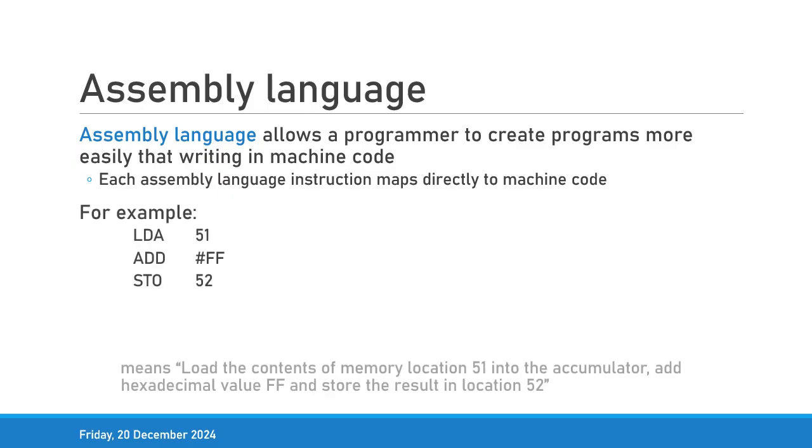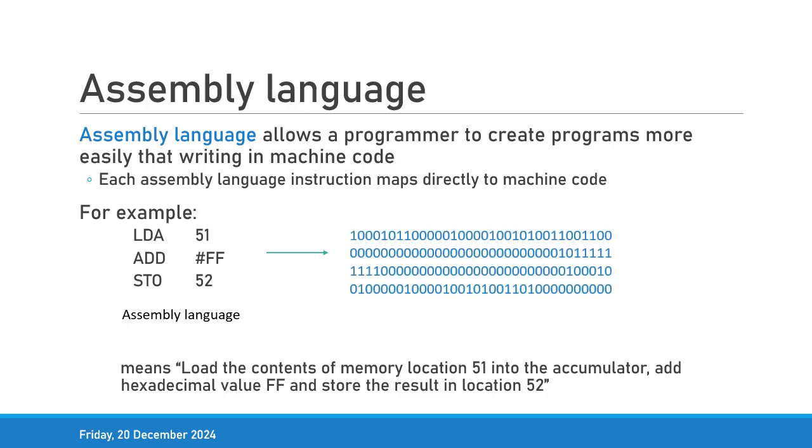For example, assembly language on the left hand side, like LDA 51, which is load memory address 51, and add, and then you've got their hexadecimal FF to it, so that's 255 to it, and then store it in memory address 52, right? Would be these in binary, but you are quite literally just doing one line of binary at a time.